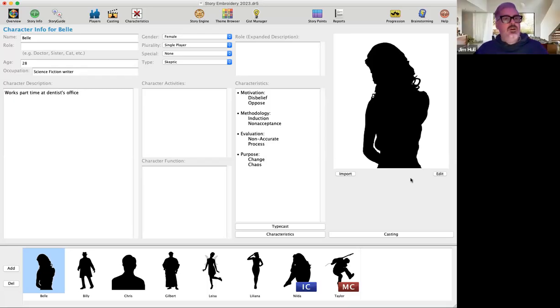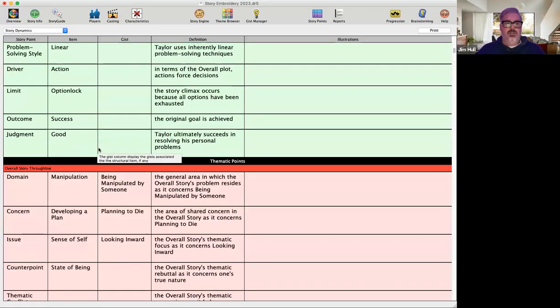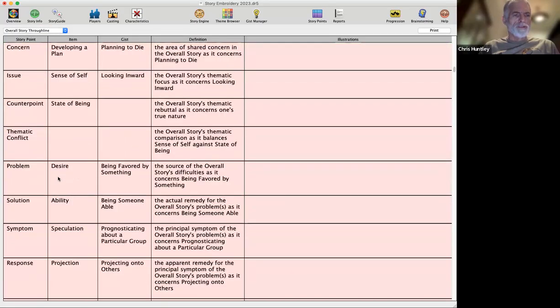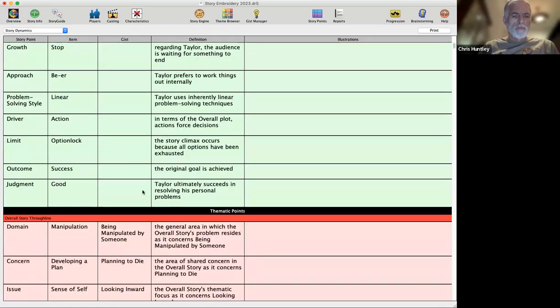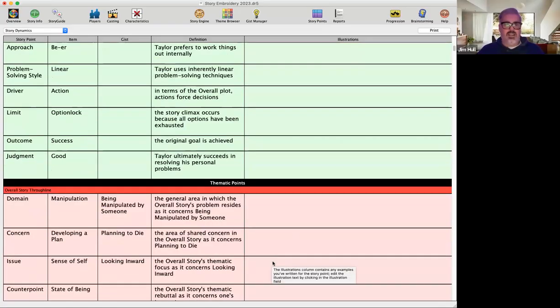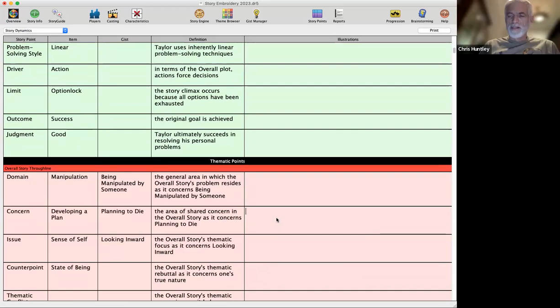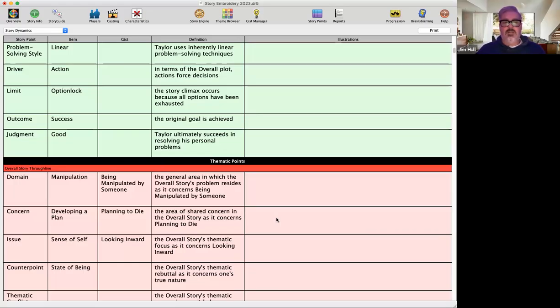Okay, excellent. I think Jim, your turn. Oh, I want to do the overall story concern of planning to die. Wait, overall story concern. Oh, planning to die, right. So these are a group of college students who are a part of the Future Funeral Planners of Canada.